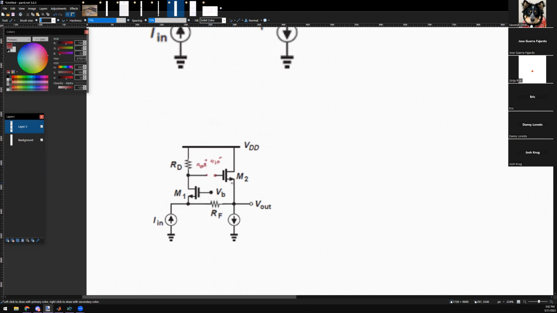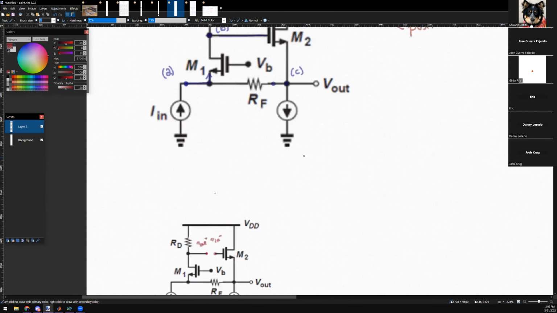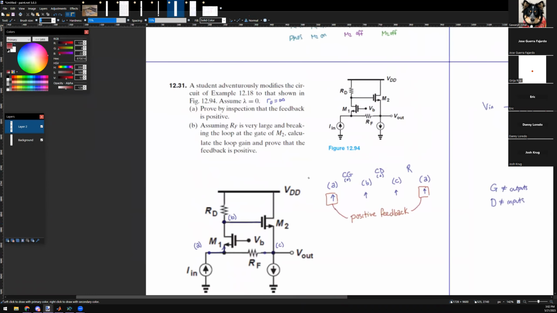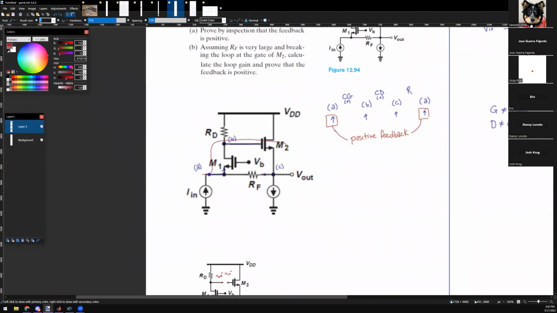Question real quick. If you had two transistors there, one on each side, how would you pick which one to go into? Remember how we did A to B to C? It's the only legal path.